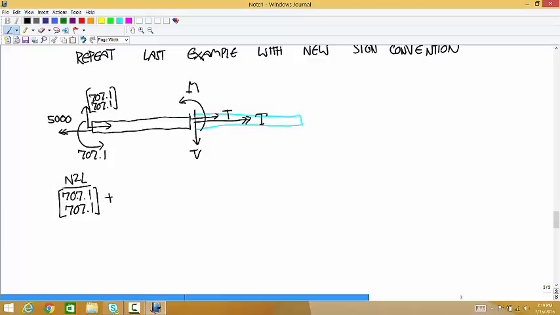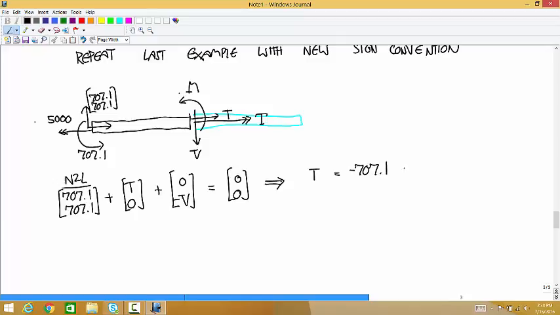So Newton's second law says 707.1, 707.1 plus T, 0 plus 0, negative V is equal to 0, 0. And you get that T is equal to negative 707.1 newtons, and V is equal to positive 707.1 newtons.